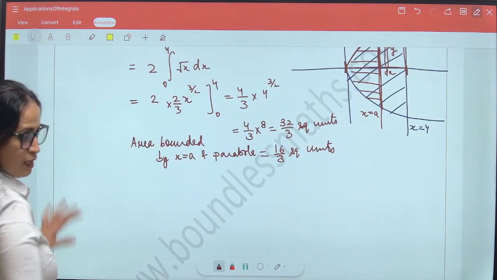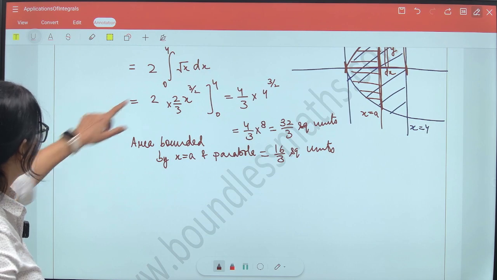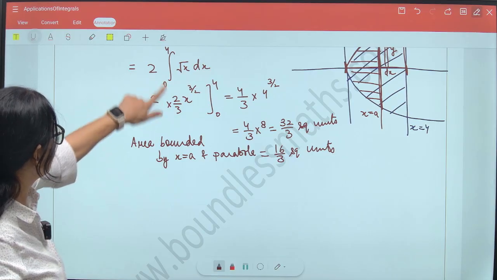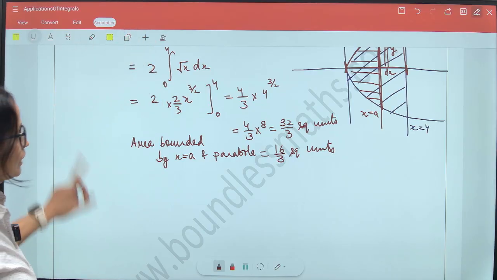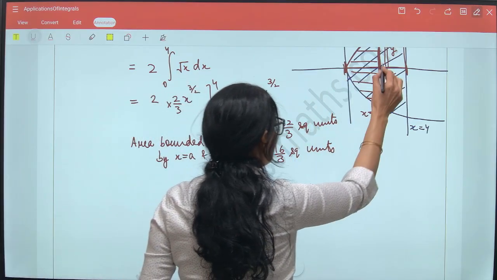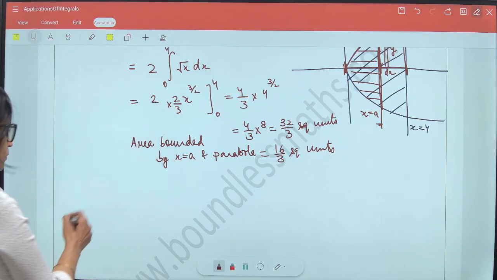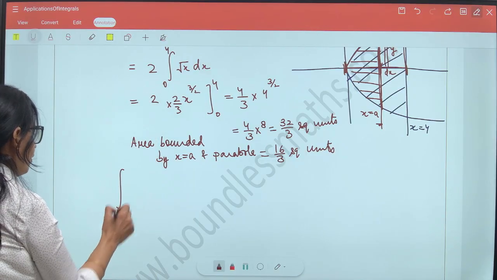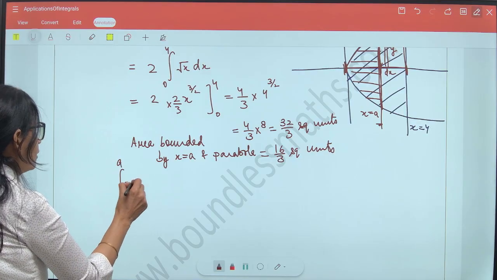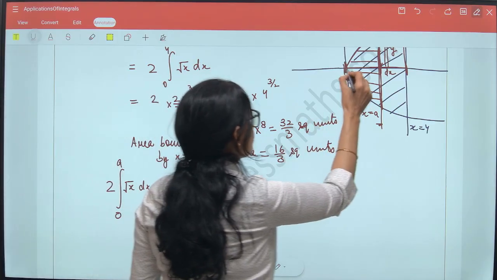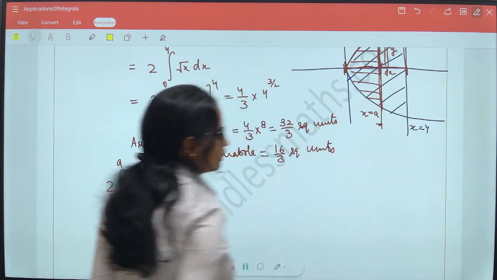So this area again can be found by integrating the same expression, but the limits are going to change. Here it was 0 to 4, but now we are going to use the limit from 0 to a. Here x is a. So it is integral of 0 to a square root x dx, and again it is twice of this because it is talking about first quadrant also and the lower quadrant also.